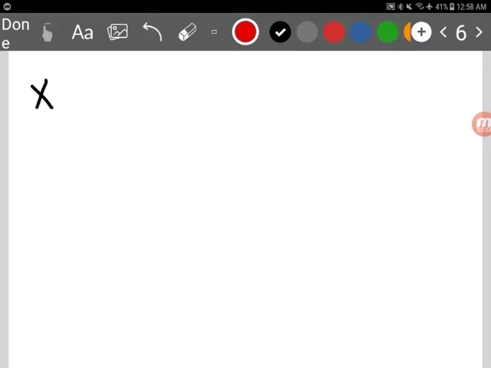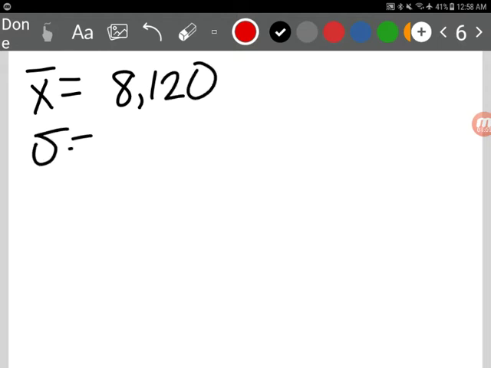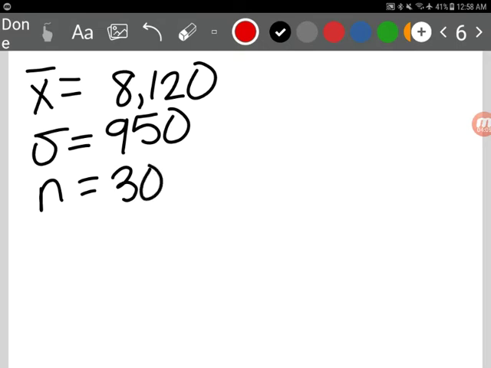Our sample mean is 8,120. Our standard deviation for the population is 950. N is 30. And our population mean is 8,500.